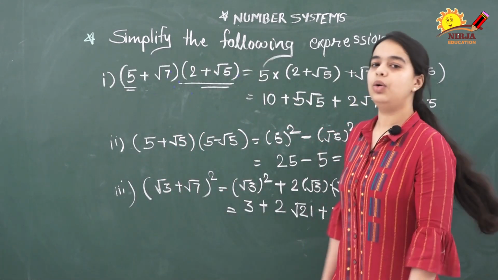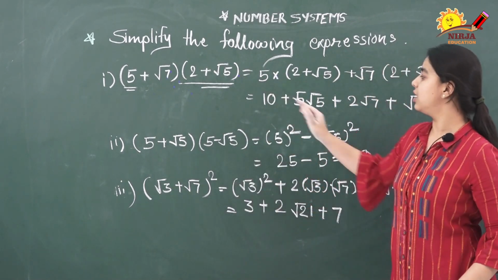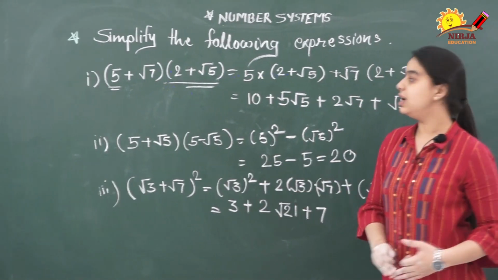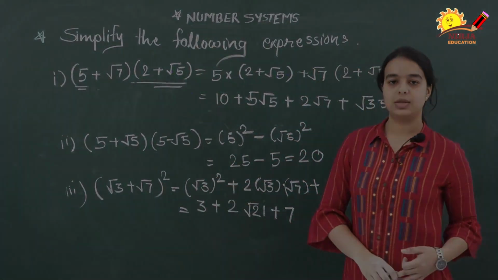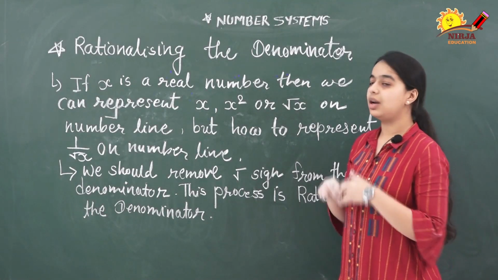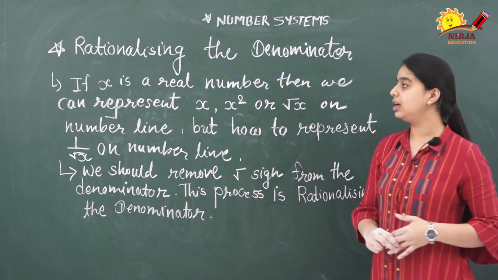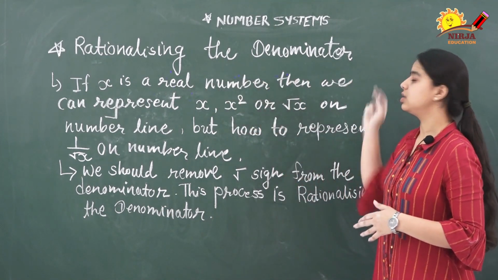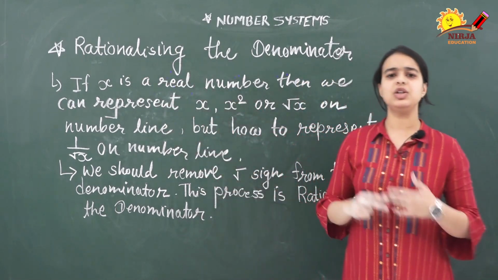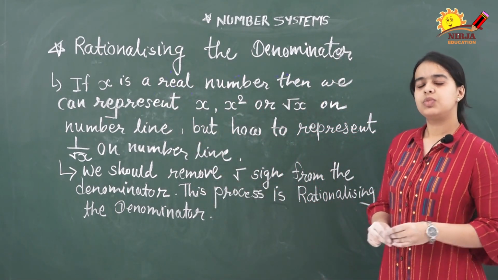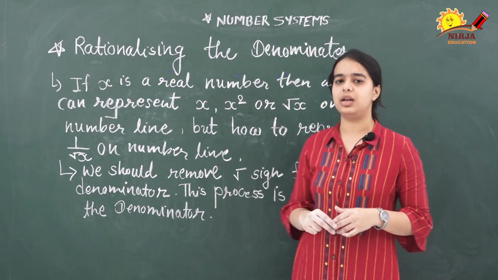So this is how, by the use of some basic rules for radicals, you are able to solve various expressions like this. Now we are going to discuss the last topic for today's session, and that is rationalizing the denominator. Now what do we mean by rationalizing and why do we need to do so? Suppose x is any real number.